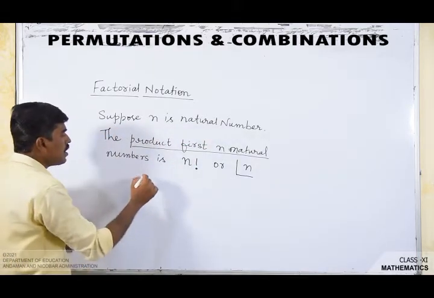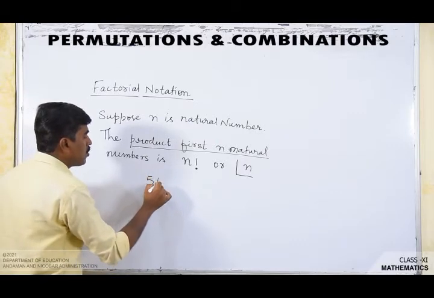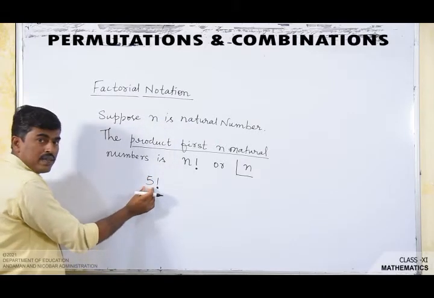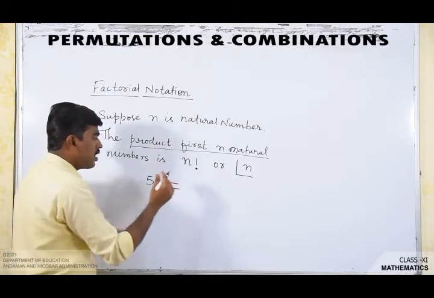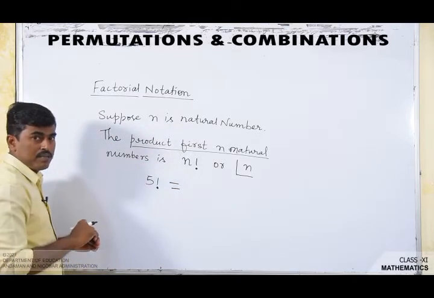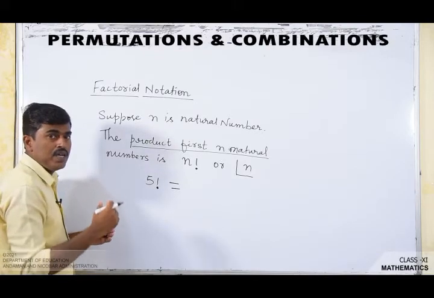Suppose I am writing this 5 factorial. Now here the value of n is 5. So 5 factorial means the product of first 5 natural numbers, the consecutive first 5 natural numbers.